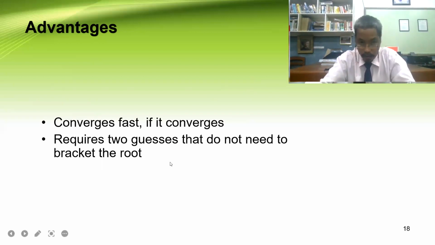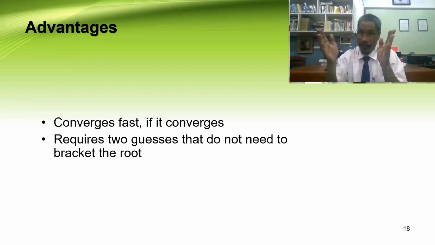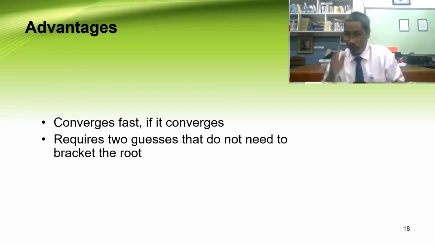And also another advantage is that it requires 2 guesses that do not need to bracket the root. Unlike the bisection method, we need 2 guesses that are on either side of the root.